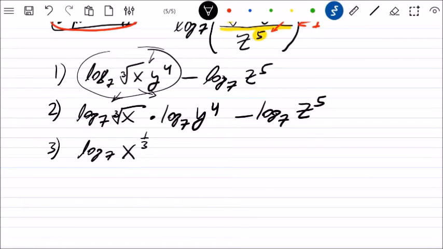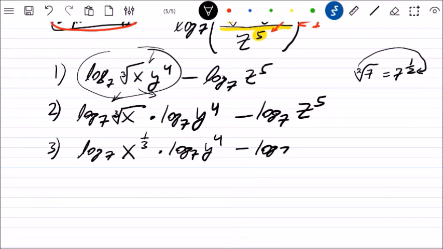So as a reminder, the square root of 7 can be written as 7 to the 1/2 power. So we'll usually write the 2 there, but the root number becomes the denominator of a fractional exponent. Well, I just took care of that. And in fact, I won't do the next step yet. Log base 7 of y to the 4th minus log base 7 of z to the 5th.